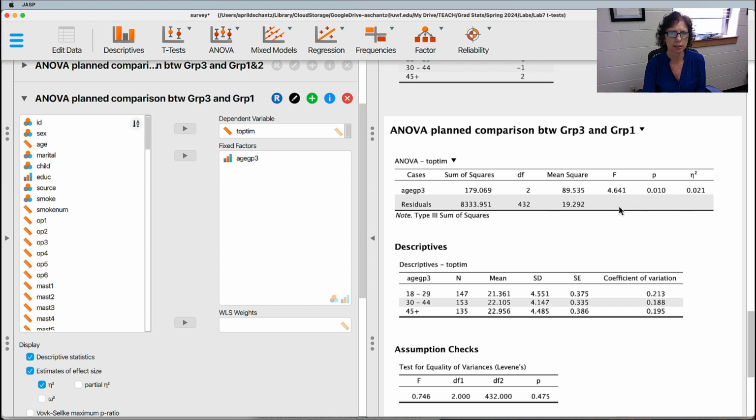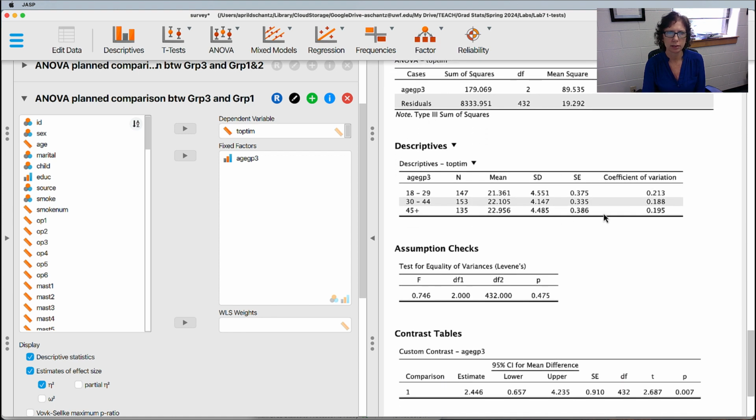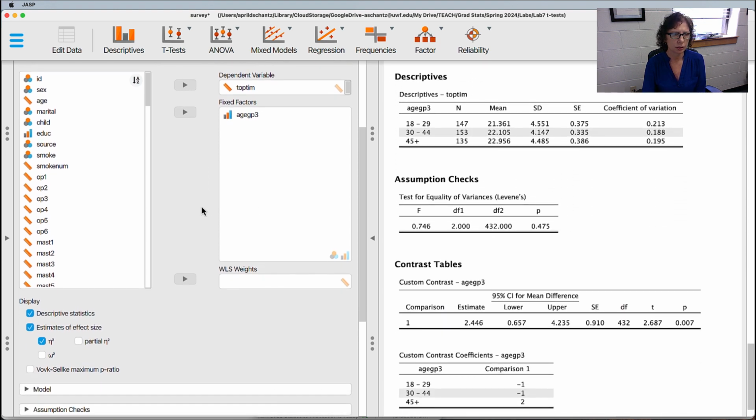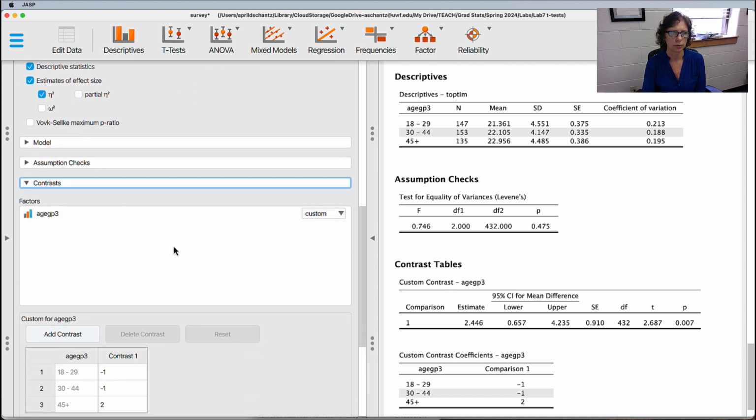The model is going to stay the same. It's still a one-way ANOVA with the outcome of total optimism and age group being the categorical predictor here. None of this changed. What did change is the contrast. So I want to update this. I want to compare between the youngest age group.